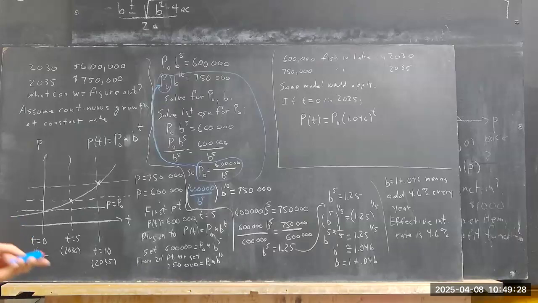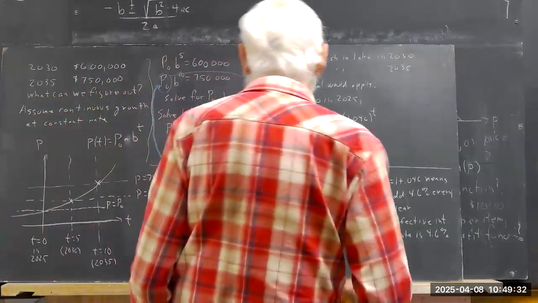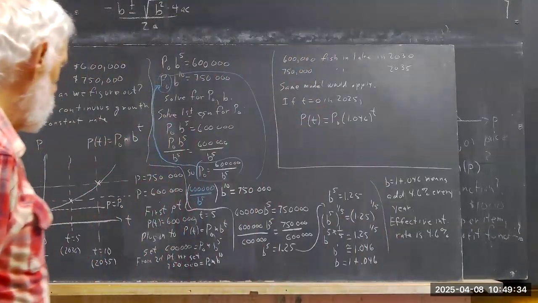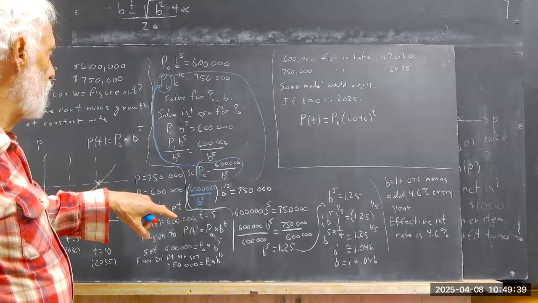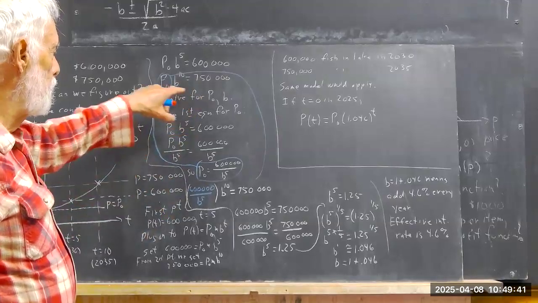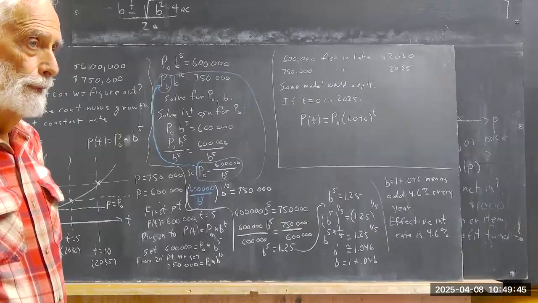Okay, how do we get P naught? Well, remember that back here, we said that P naught was 600,000 over B to the fifth.